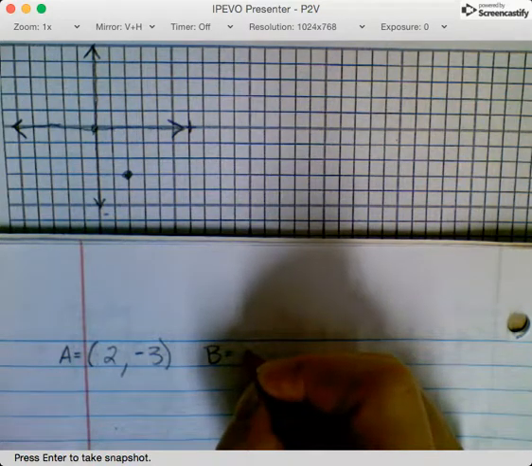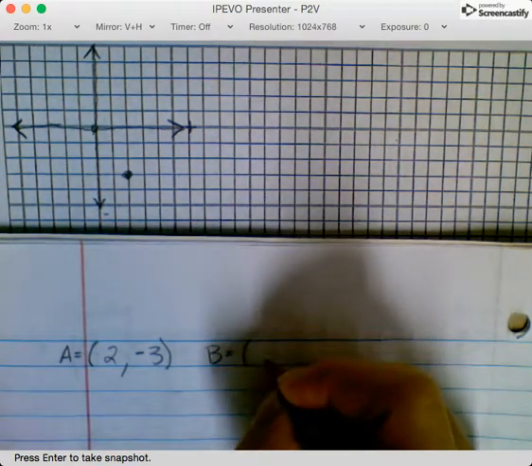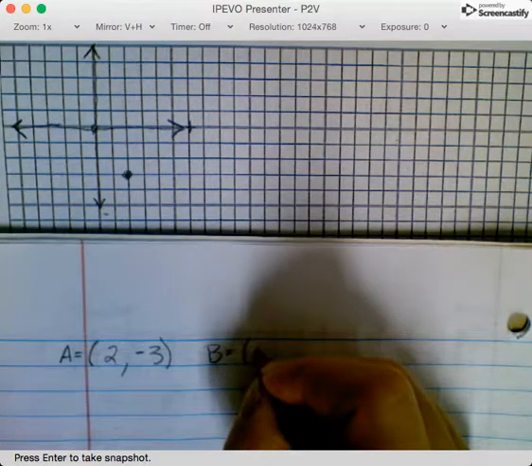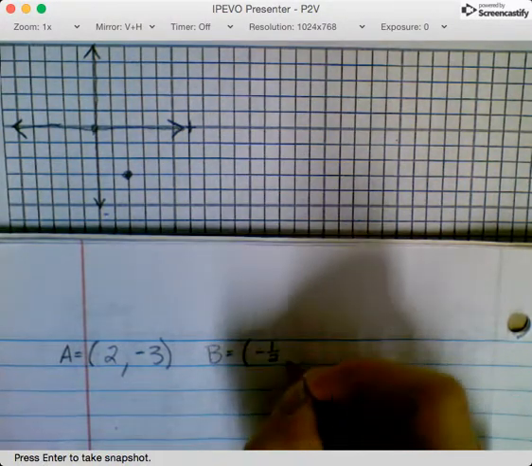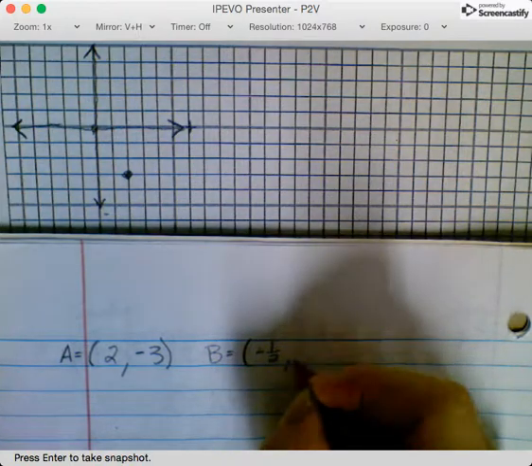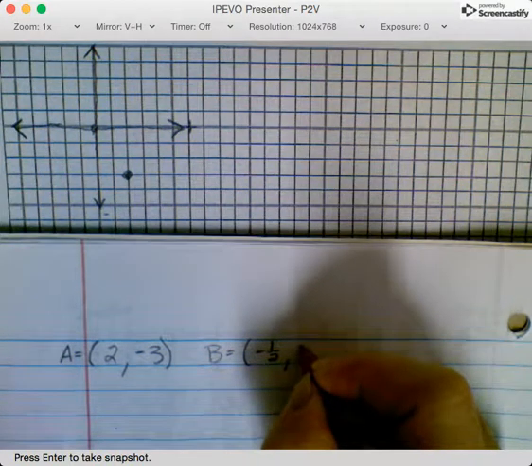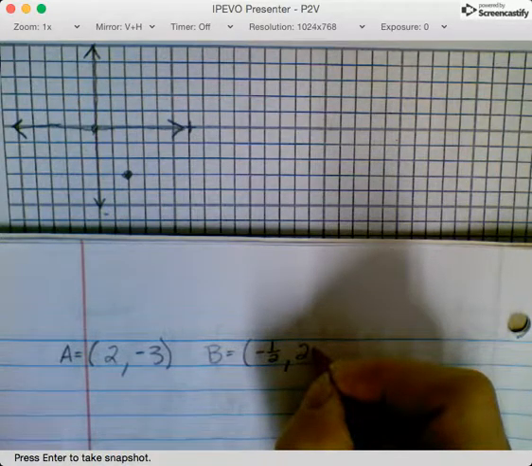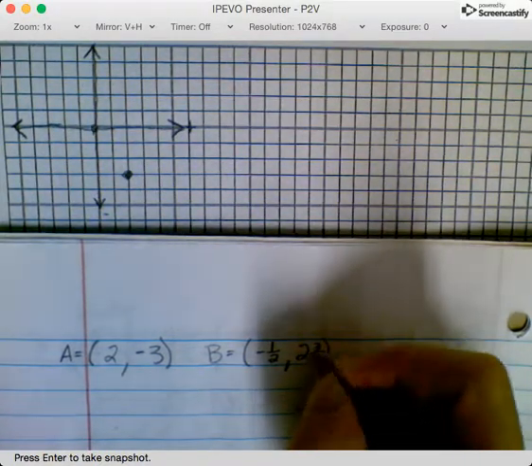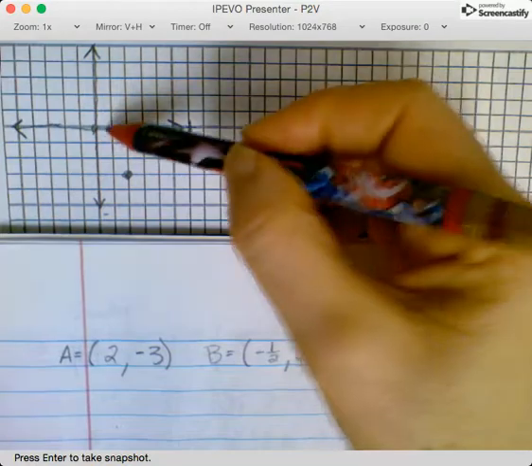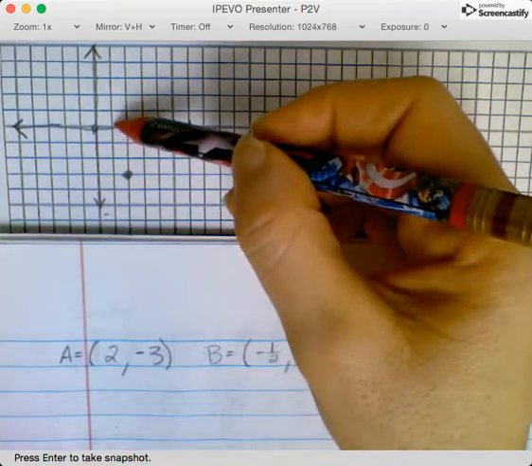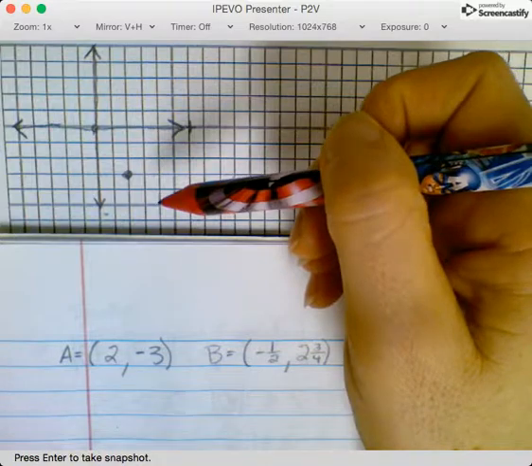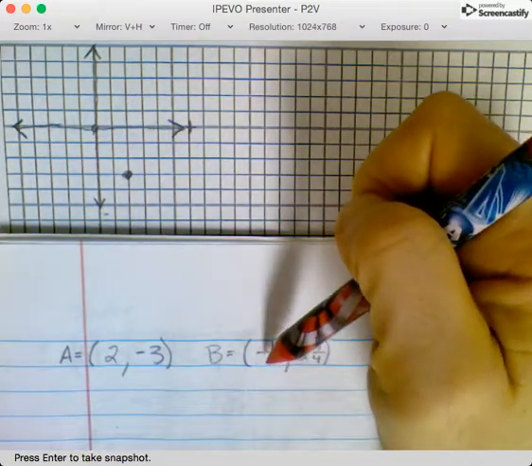I'm going to make a point B, and I'm going to do a fraction for this one. On this one, I'm going to have (-1/2, 2 3/4). Since this one is not divided into fourths or halves, we kind of have to estimate where a number would be.